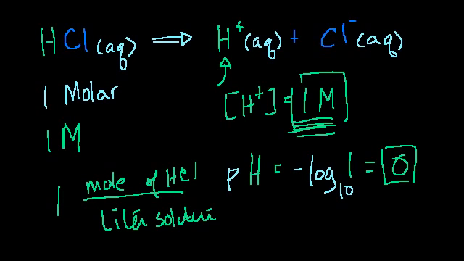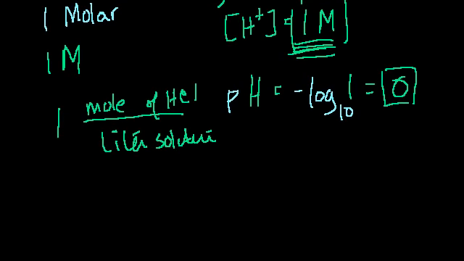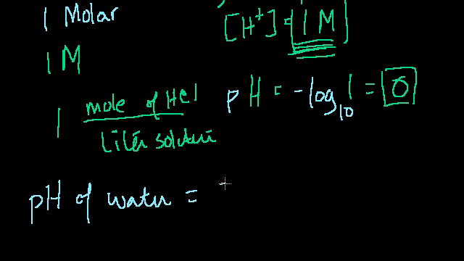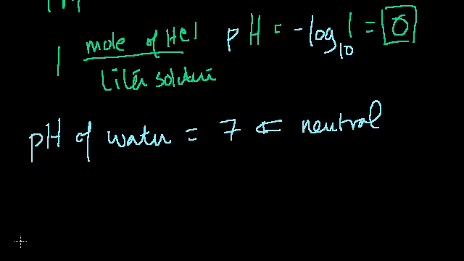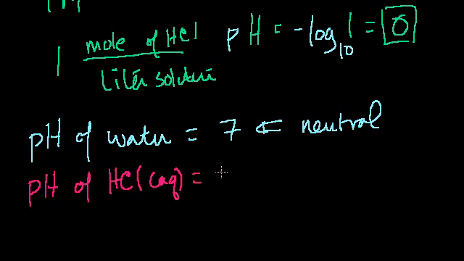A pH of 0. What was water's neutral? So the pH of water, just without any acid in it, was equal to 7, and this is considered a neutral pH. Now we know that if you were to have an aqueous solution with 1 molar of hydrochloric acid, we can say, I'll do it in red, the pH of HCl in water is equal to 0.